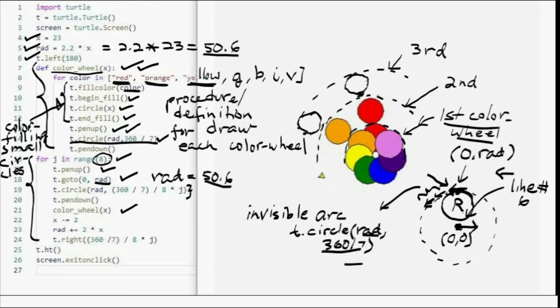It has to be 360 over 7 because I am reserving spaces for 7 small color circles.